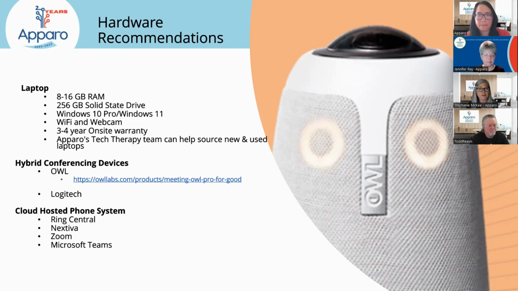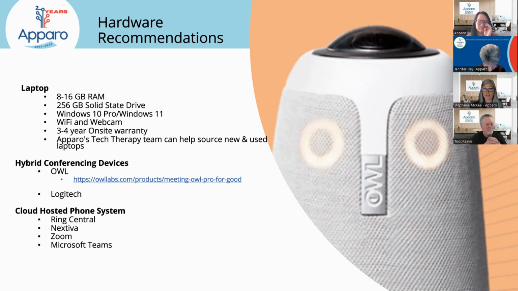Another popular thing through remote work and hybrid is having audio video. At Aparo, we use what's called the Owl, and you can see the cute little owl there. He does hoot. We all get a kick out of that, but it's very easy to use. You just plug it into your laptop. You can project up on another display, and you're able to see everybody in the room.